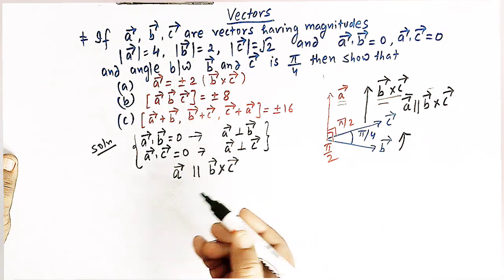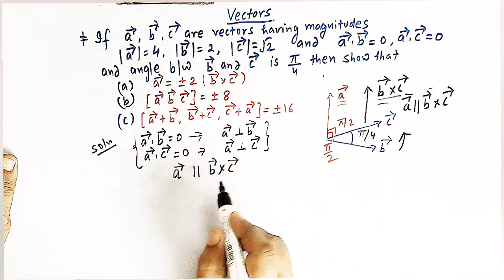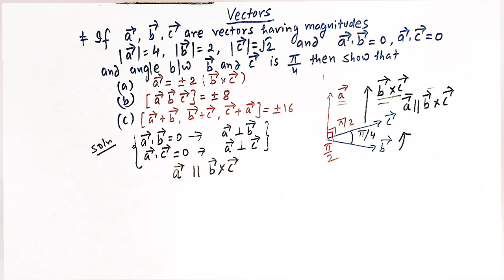And from vectors we know that if two vectors are parallel to each other, then one vector can be expressed as a scalar multiple of the other vector.